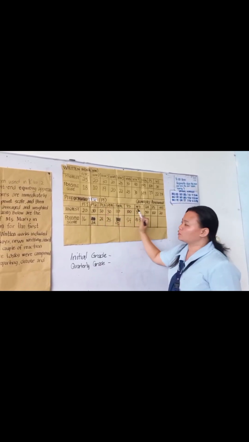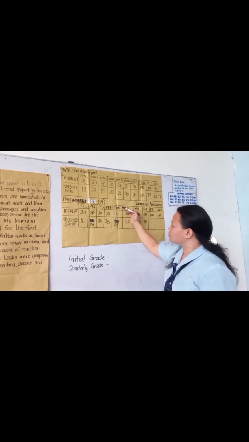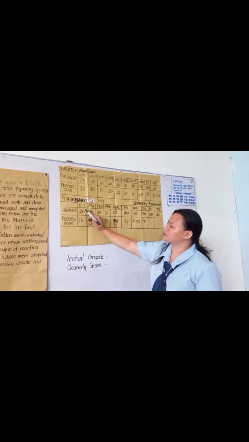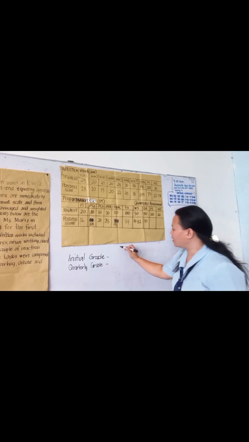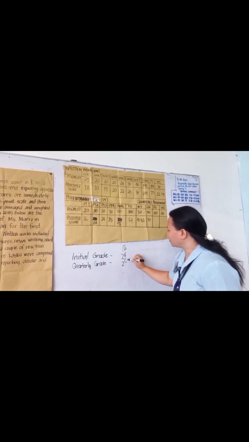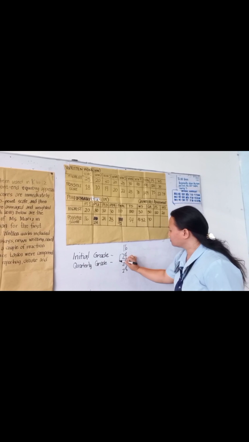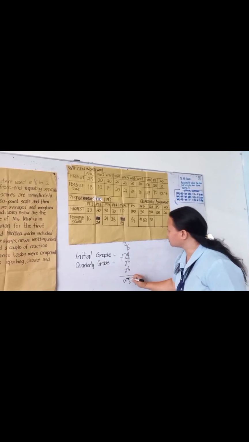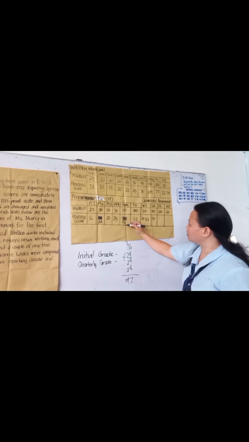We have all the given numbers here, and in order to get the total for this performance task, we're going to add this from performance task 1 till 4. So we have the numbers 16, 24, 24, and 28. Adding that up, it's 92. So we have here the number 92.